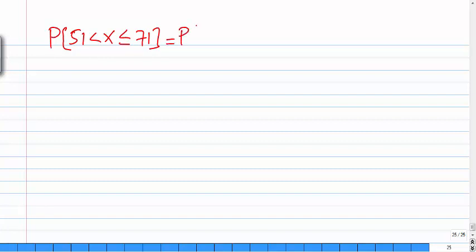So we have the probability of 51 less than x less than or equal to 71. So when we apply the formula, that is the probability of 51 minus 61 divided by 10 less than z less than or equal to 71 minus 61 divided by 10.